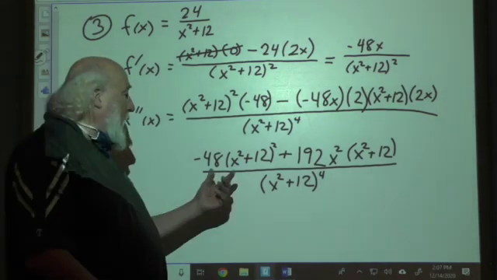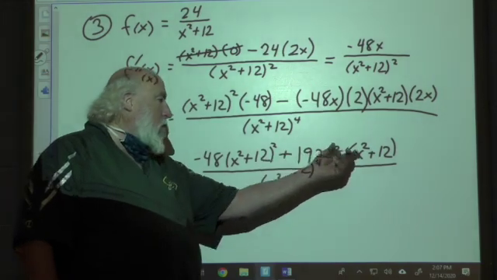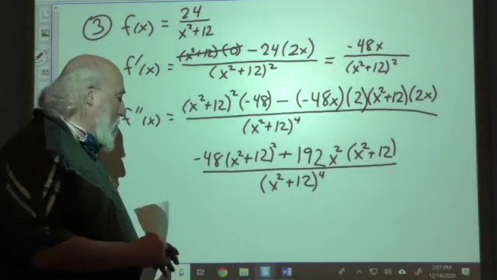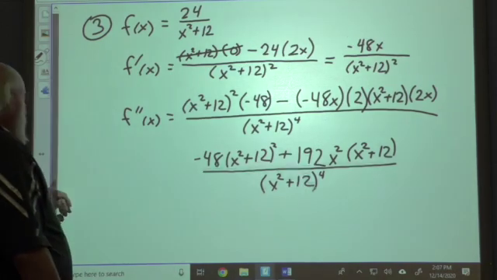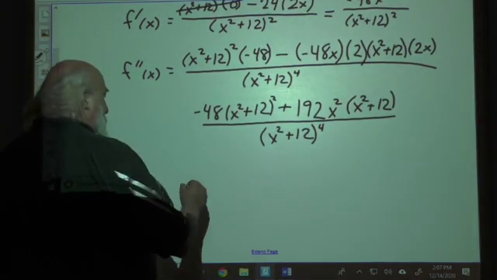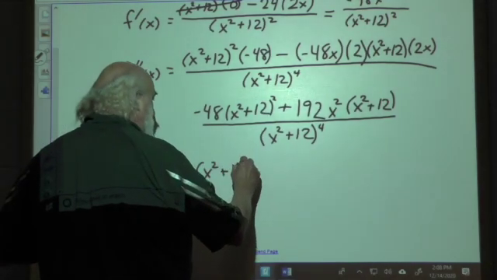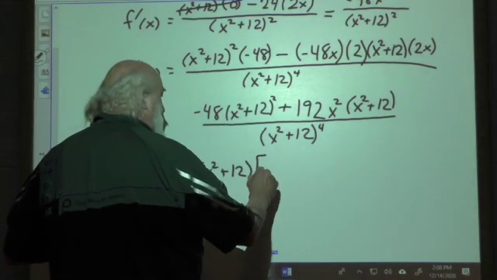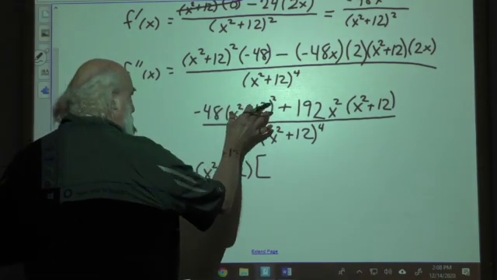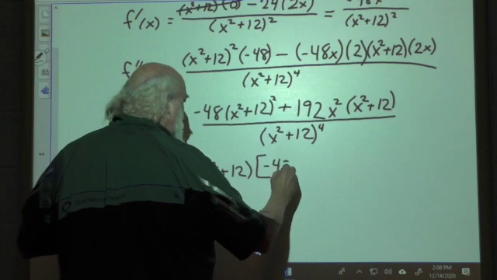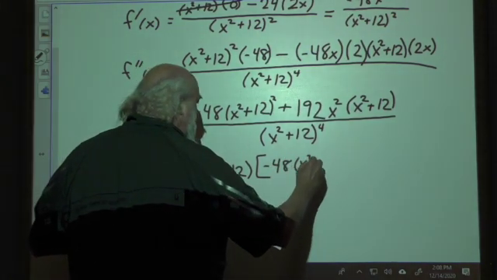Now, the fact that we have at least one x squared plus 12 in each of these two terms means I'm going to factor that out. So this is going to be x squared plus 12 times, taking x squared plus 12 out of this term leaves negative 48 times x squared plus 12.